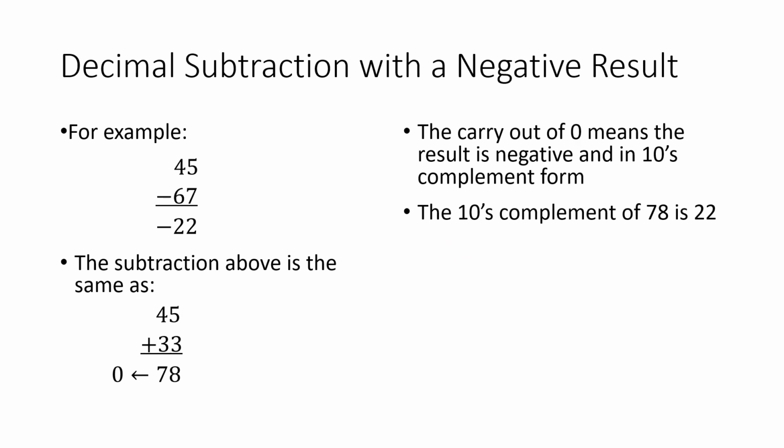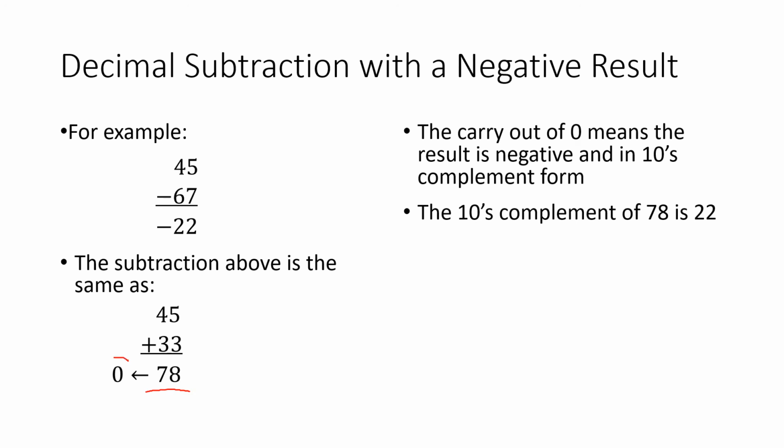What happens if we do a decimal subtraction operation and obtain a negative result? For example, 45 minus 67 gives us negative 22. That subtraction operation would be the same as adding the tens complement of 67, or 33, to the number 45, giving us a result of 78.